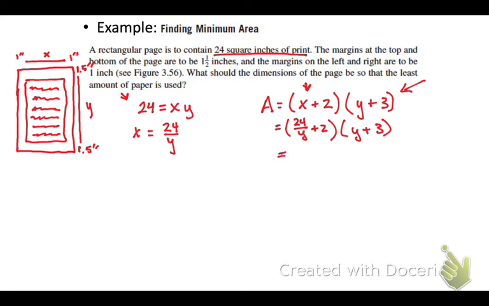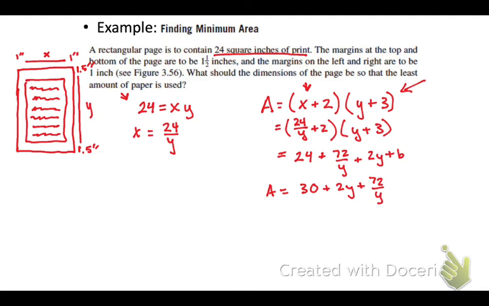So 24 over Y times Y would be 24 plus 72 over Y plus 2Y plus 6. So area equals 30 plus 2Y plus 72 over Y. I just think that fraction needs to be at the back, don't you?